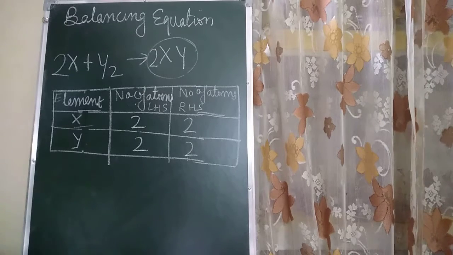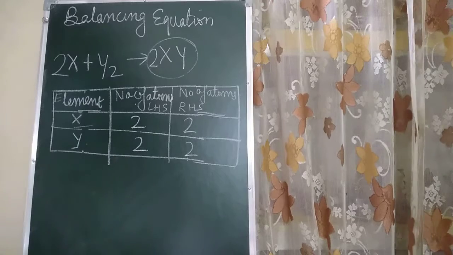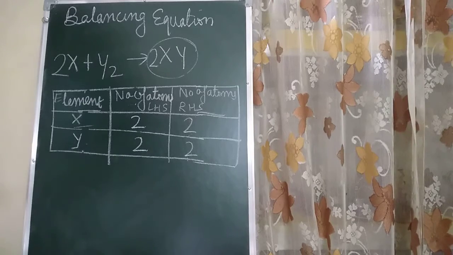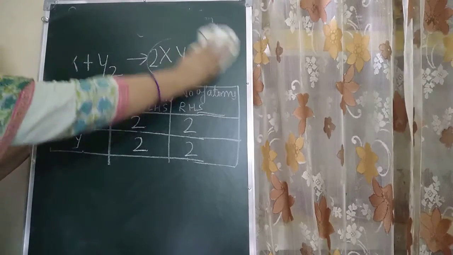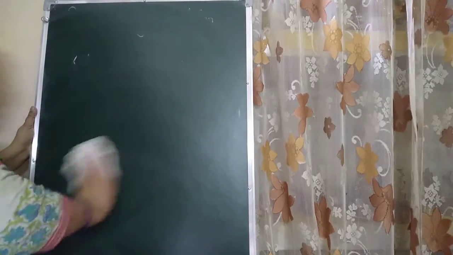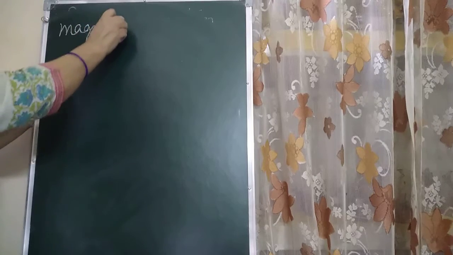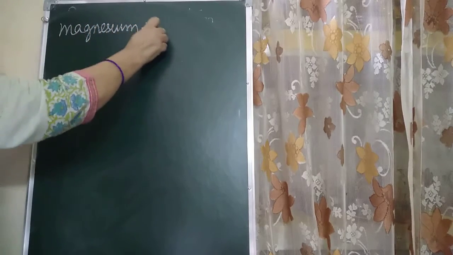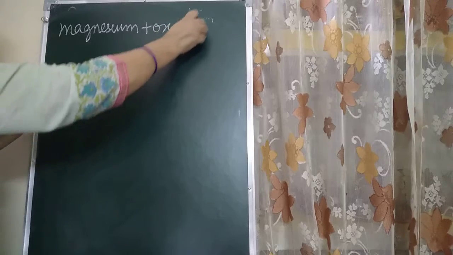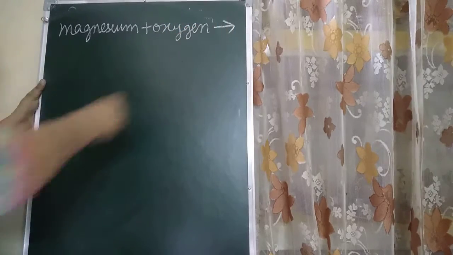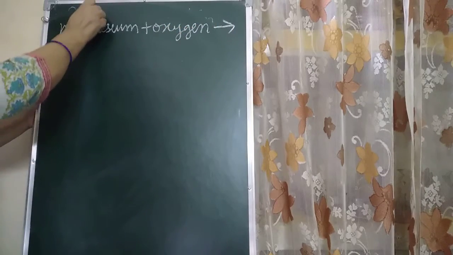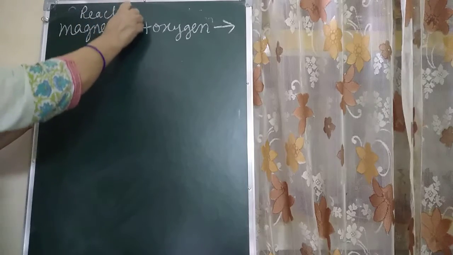Okay, now let's do one more example, children. Let the word equation be magnesium plus oxygen, and this is the arrow. These are the reactants, children.